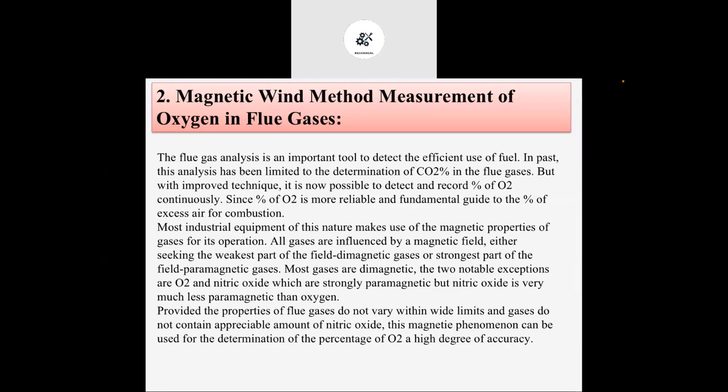Now, to differentiate between the nitric oxide and the oxygen, as we saw, nitric oxide is weakly paramagnetic.